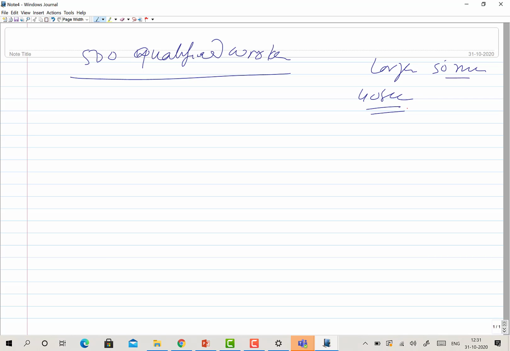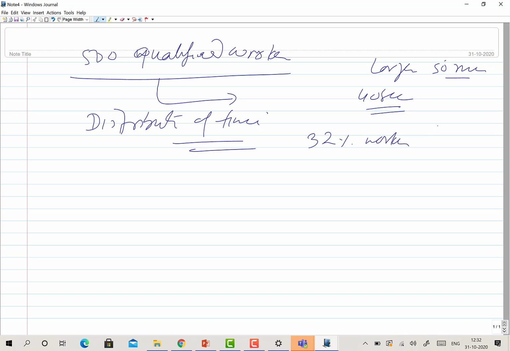So depending upon their abilities, if we try to see the distribution of the time being taken by these 500 workers, then we'll be able to clearly see the approximate percentage of the workers who are taking more time or less time than a certain value.